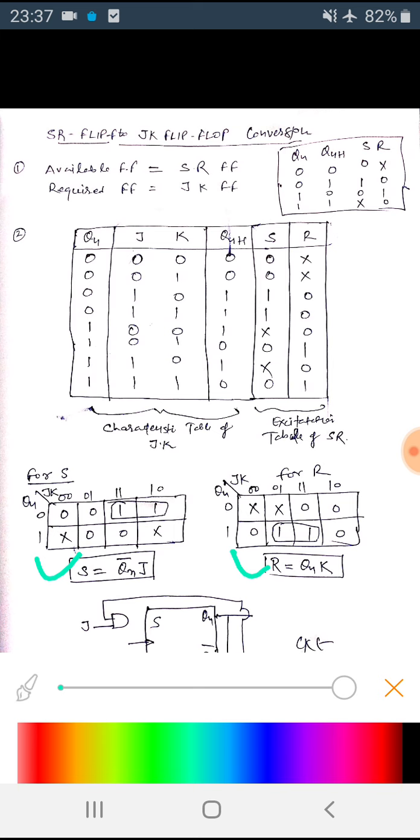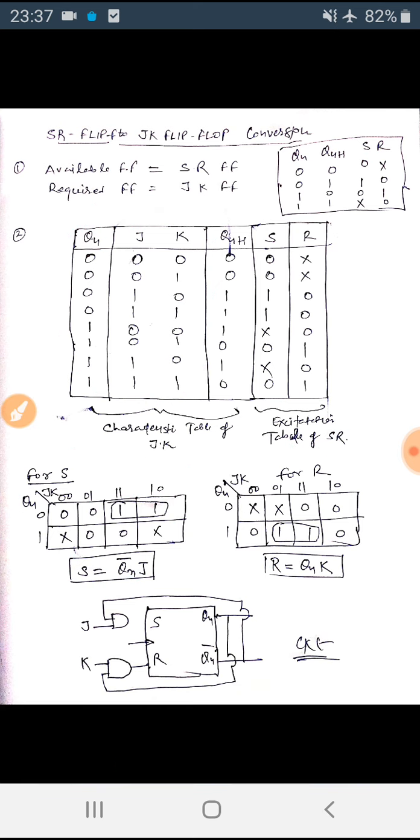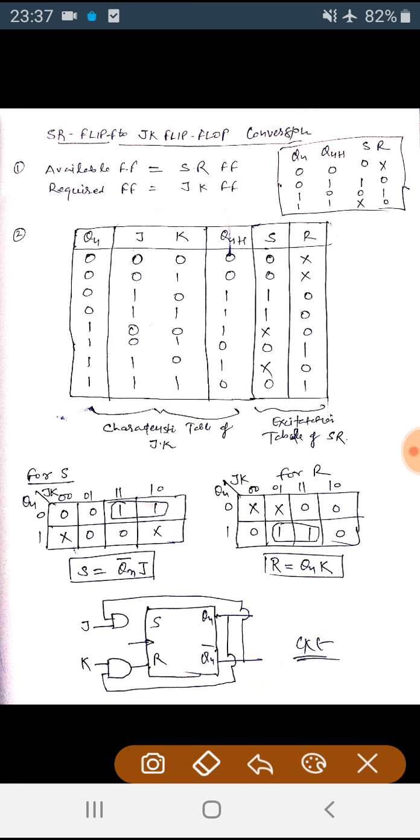Since we now have three variables J, K and Qn, we will use a three-variable K-map that will consist of 8 cells. We can see the K-map for S and for R. For S we will make a pair and S comes out to be Qn bar into J. Similarly R comes out to be Qn into K.